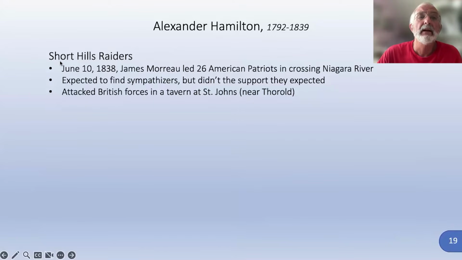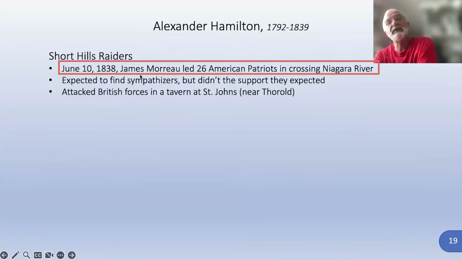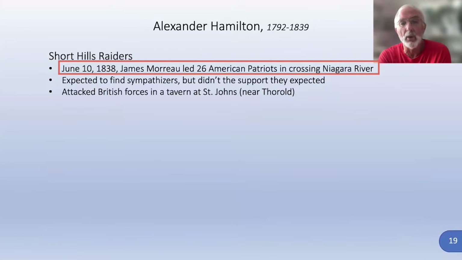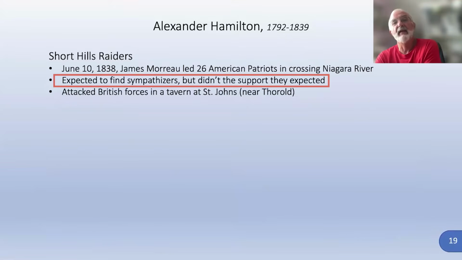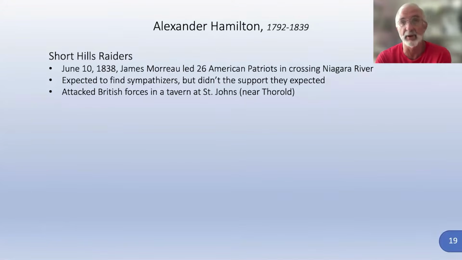In June of 1838, as part of the Upper Canada Rebellion, there was an American named James Monroe who came across the Niagara River with a bunch of other patriots. They felt that they could find some Canadians who would support them and defeat the British and get the British out of Canada.